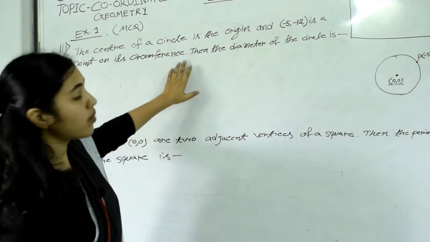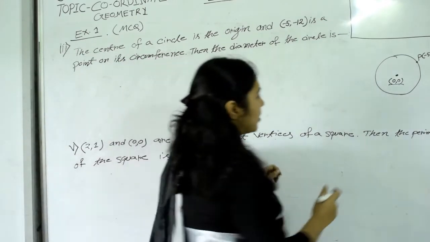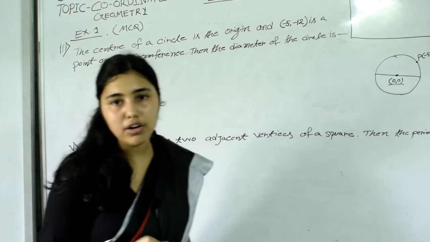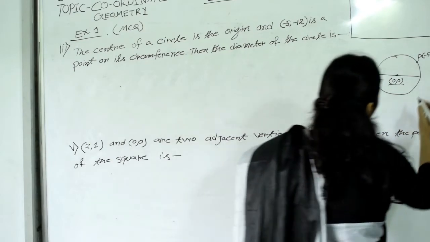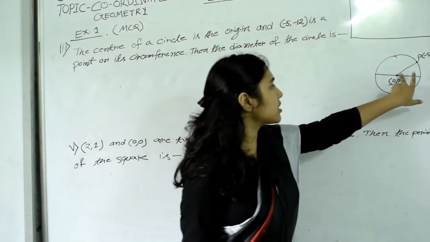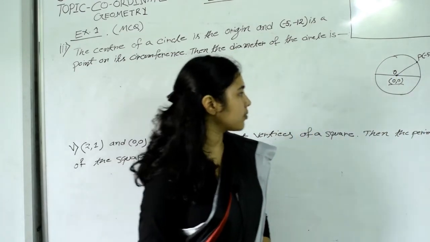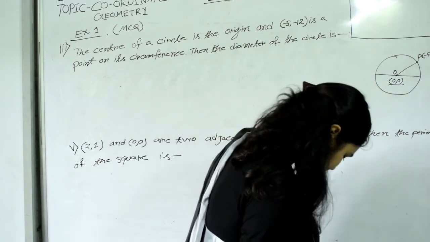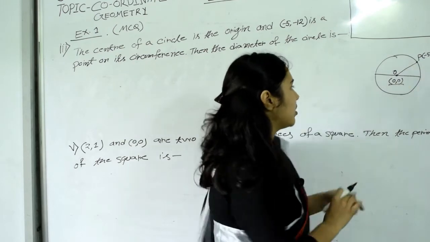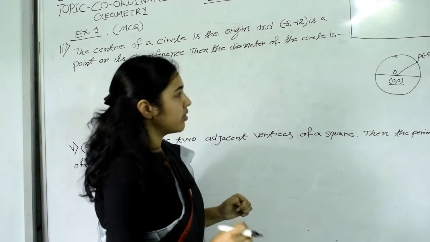Okay? So what we have to find? We have to find the length of the diameter. This is the diameter of this circle, right? So suppose we name the center of the circle as O, then this distance OP is nothing but the radius of this circle, right?